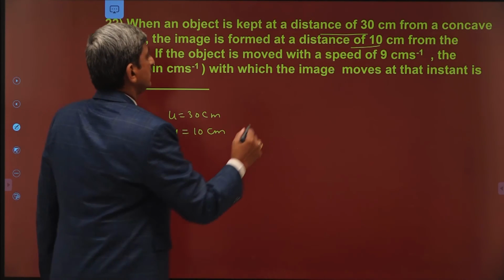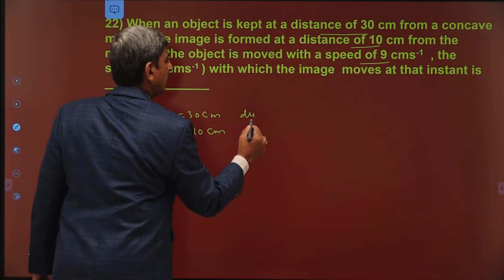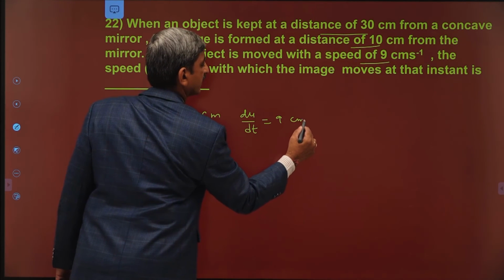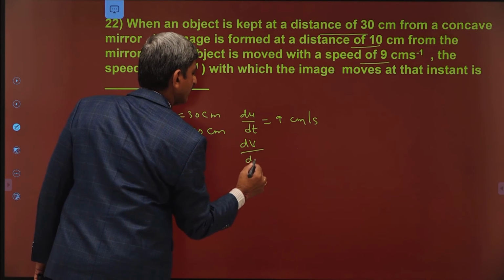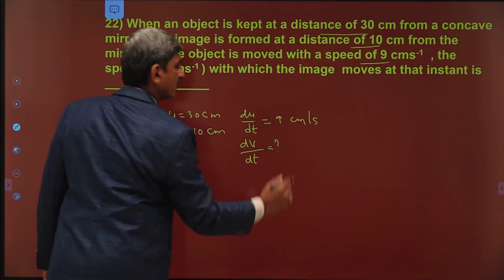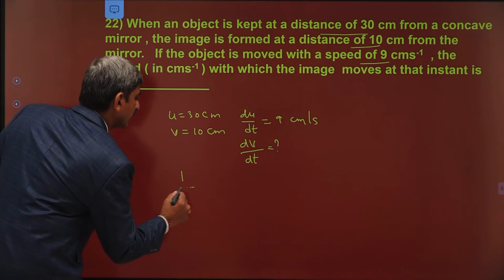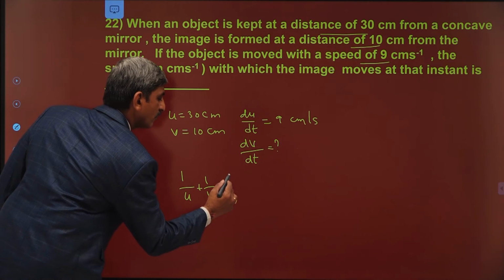Now here the speed of the object is given, that is du by dt is given as 9 centimeter per second. We want to find out the speed of the image. Already we know the mirror equation, that is 1 by u plus 1 by v equal to 1 by f.